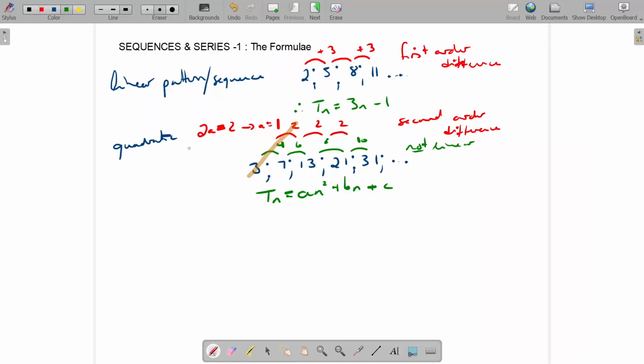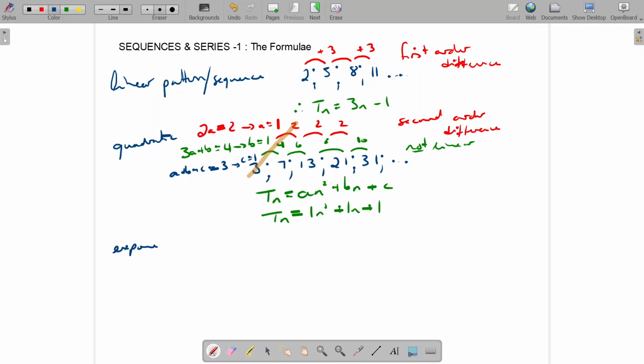I would know that 3a plus b equaled 4, and this 2a and this 3a plus b are things that you learn, which would lead to b equaling 1. And I would know from the blue line that a plus b plus c equals 3, which leads to c equaling 1. So as a result, my formula is Tn equals 1n squared plus 1n plus 1.